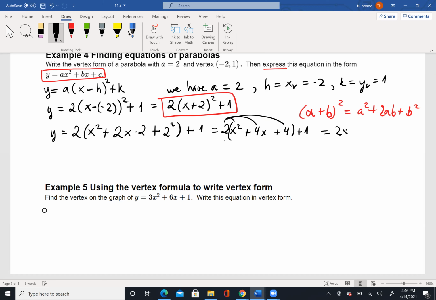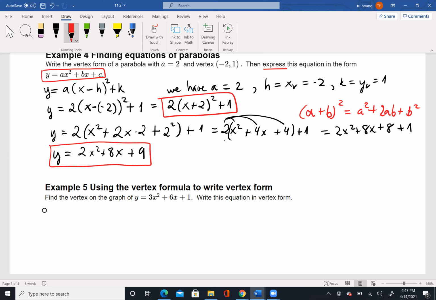I have 2x squared plus 8x plus 8 plus 1. And that will give me 2x squared plus 8x plus 9 as the answer for this question. Okay.